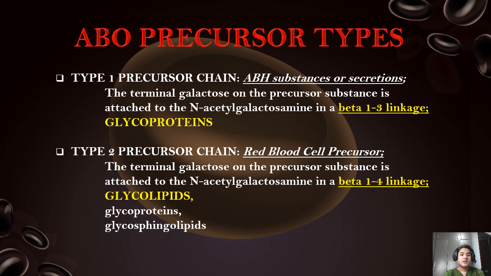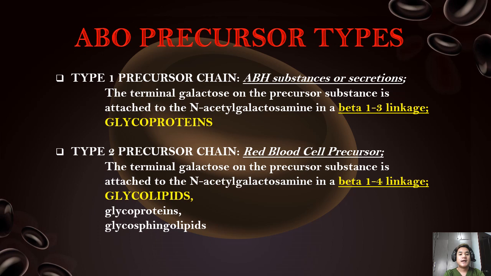And one more distinguishing characteristic is that for your type 1 chains, secreted substances are glycoprotein soluble substances, while type 2 chains are glycolipids and can also be glycoproteins and glycosphingolipids. Okay, this class was actually a board exam recall question from my batch.